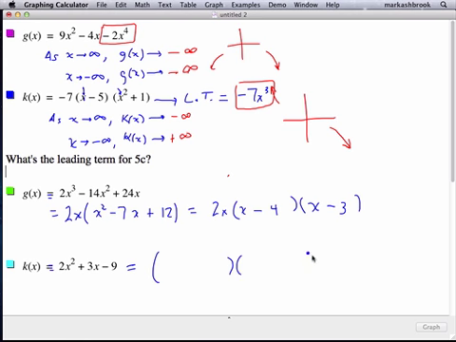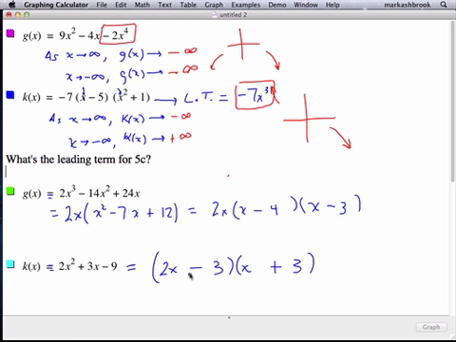Now we've got a 2x squared, so that means we're going to have a 2x and an x. And we need to get plus 3 in here. So plus 3, minus 3. Yep, so it's going to be 3 times 3, and we need to get plus 3. So we need plus 6 and minus 3, right? This gives us the plus 6, and this gives us the minus 3. Is it right? Mm-hmm.